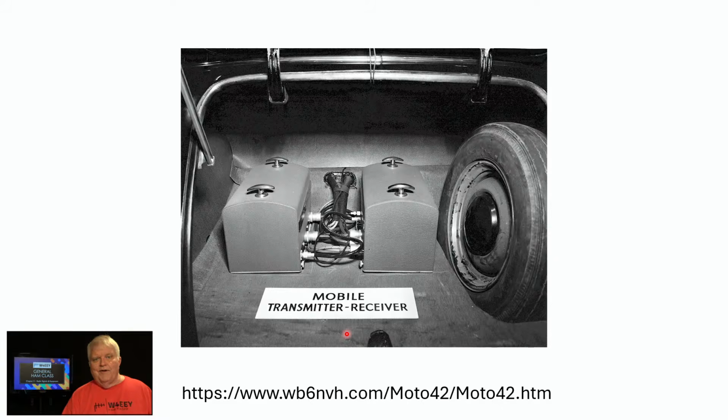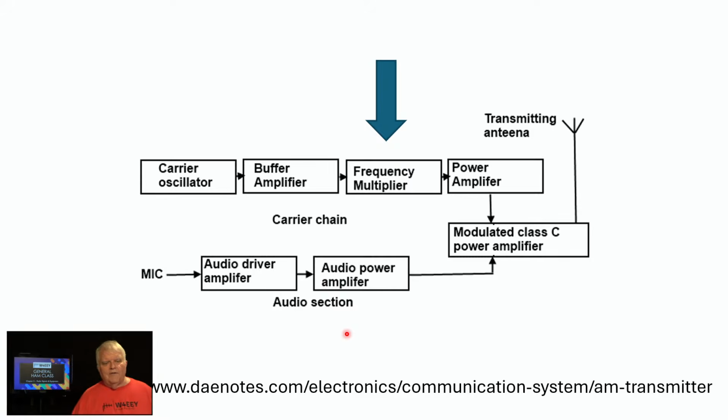Kind of elaborate. But to get up to the higher frequencies, they couldn't get the things to oscillate up there. So what they had to do is their generation with a low frequency carrier oscillator, amplify it, and then multiply it once, twice, maybe 3 times in order to get out on, let's say, a VHF frequency.